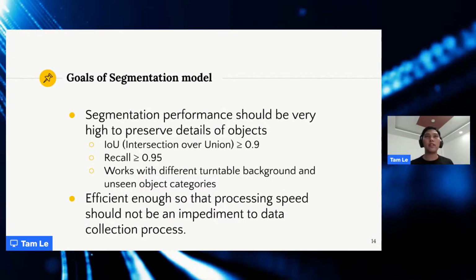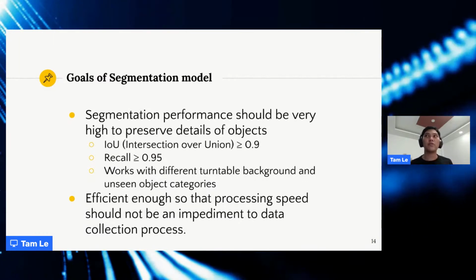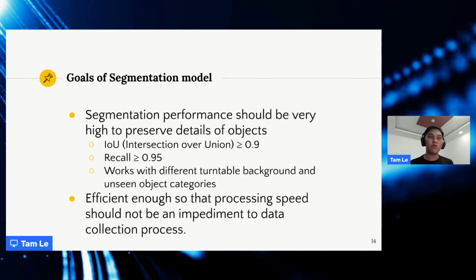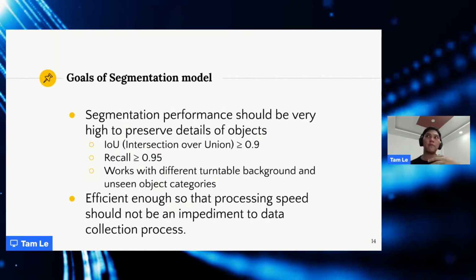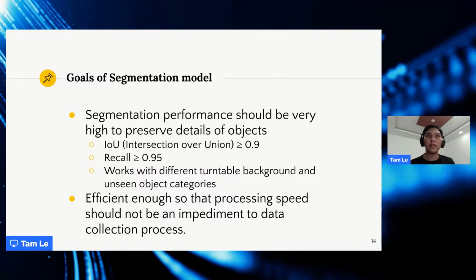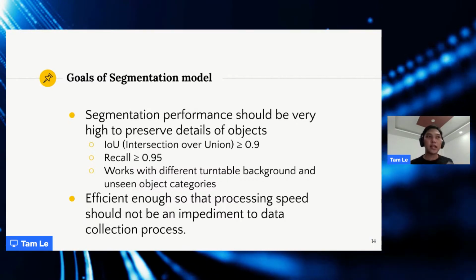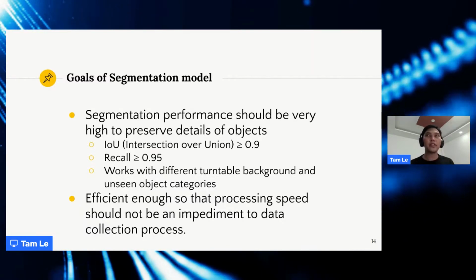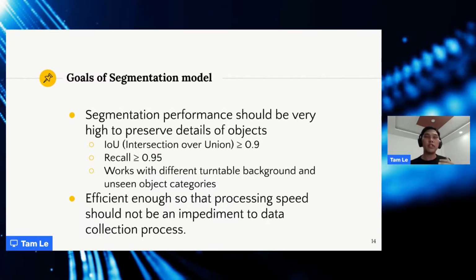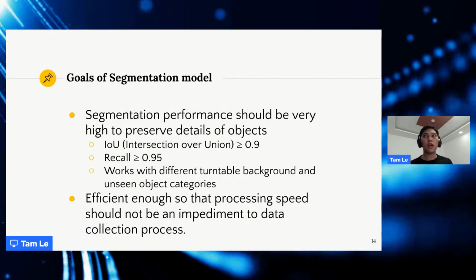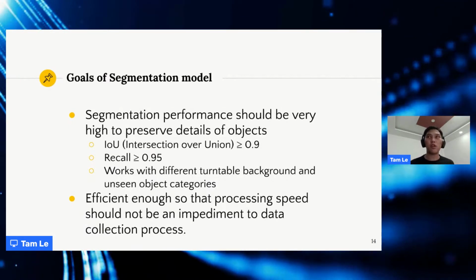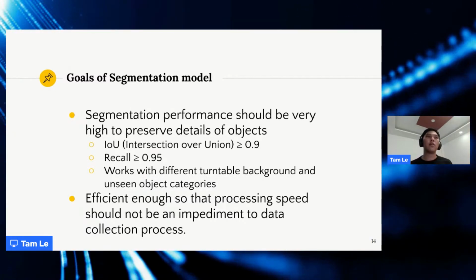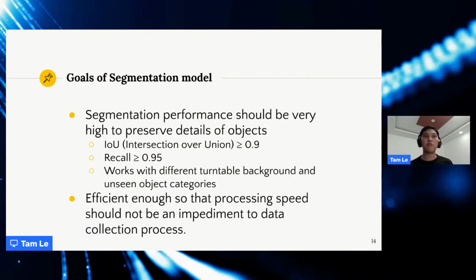You don't want the segmentation mask to cut off some part of the object. Otherwise, it's very weird, and you're going to introduce weird objects into your dataset. And the second, you also don't want to include too many false positives, which means too much redundant background is matched. Otherwise, the blending is not going to work, because unless you can remove the background, you can't blend the new background into it.